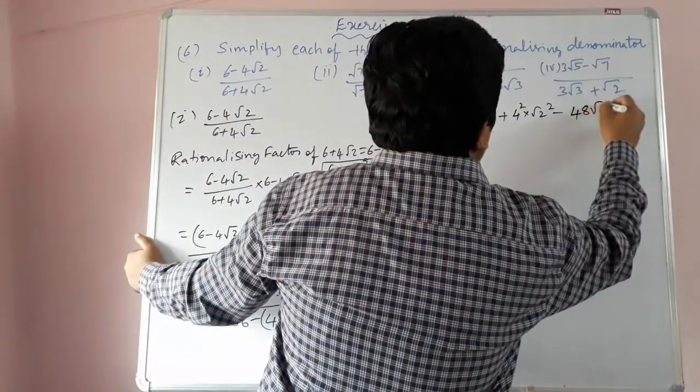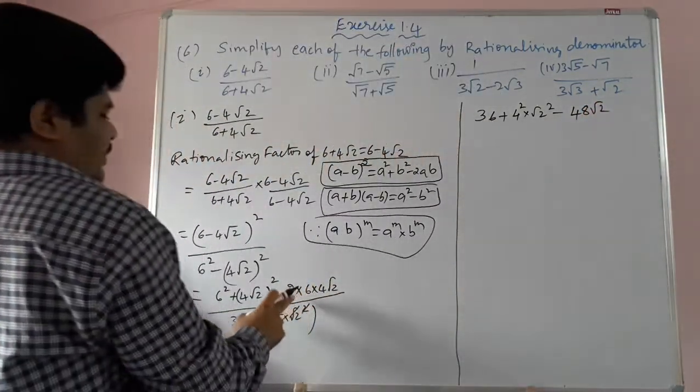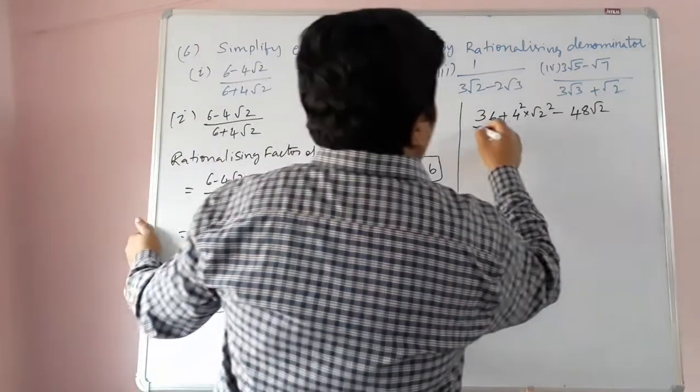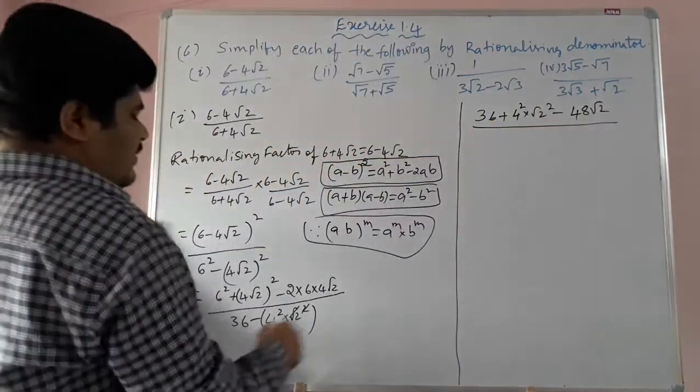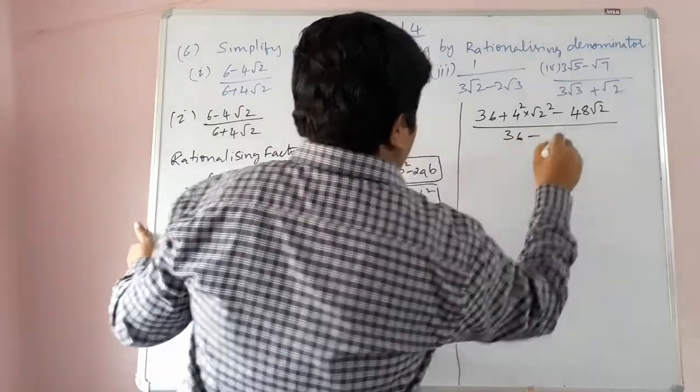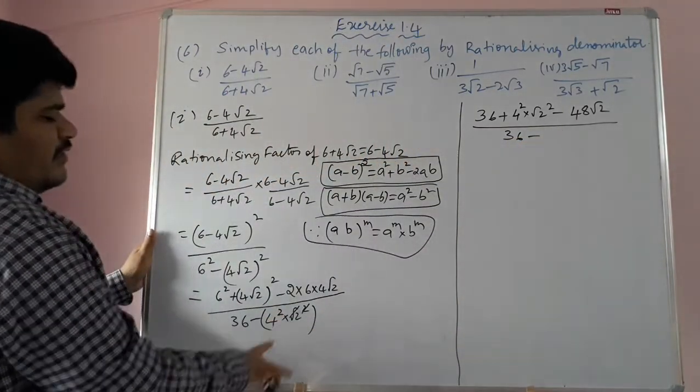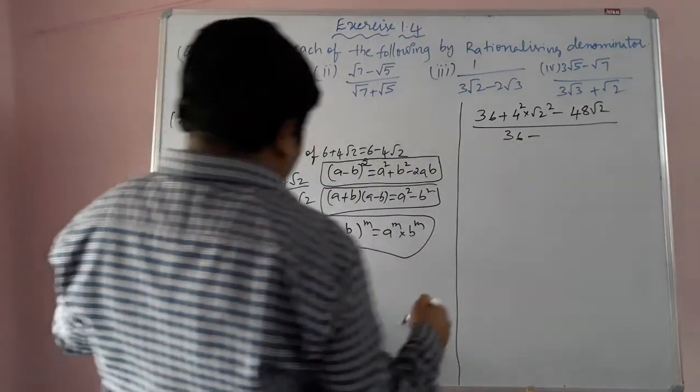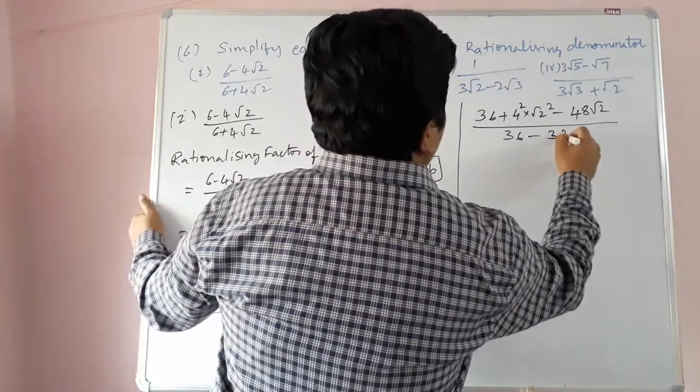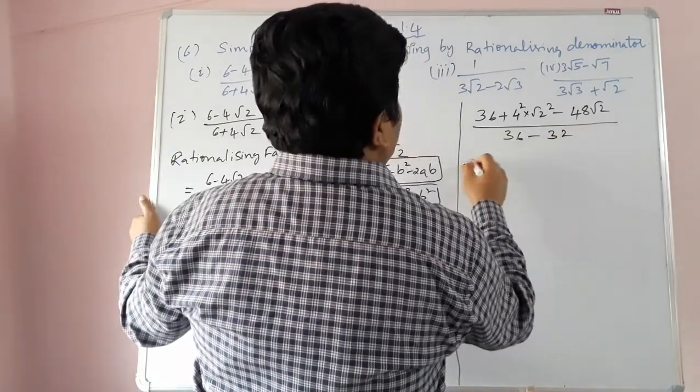Minus 48 root 2, by 36 minus 4 square, 16. 16 2s are what, children? 16 2s are 32.